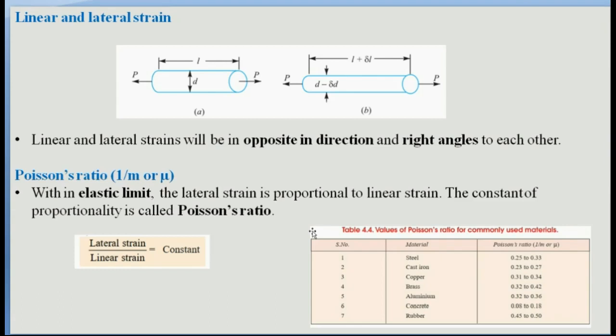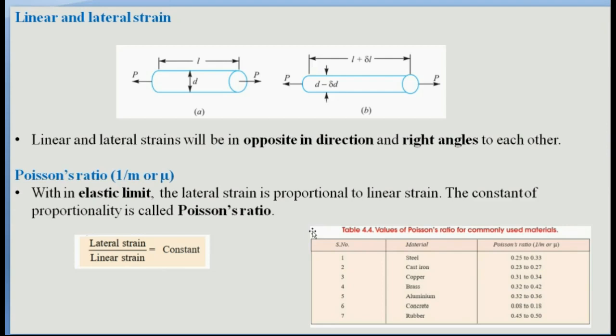Generally, when a force P is applied on a body of cross sectional area with the diameter D and length L, due to the application of the tensile force, the length L is going to increase by an amount delta L. So delta L by L is the linear or longitudinal strain. So this will result in a change in dimension in the other plane.